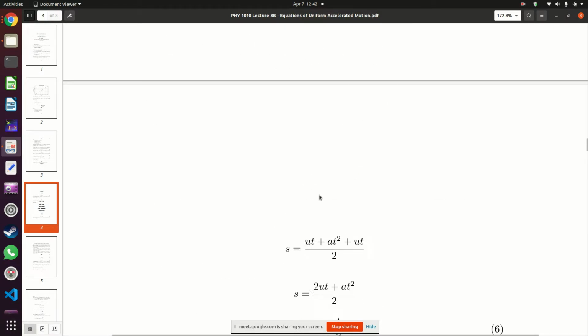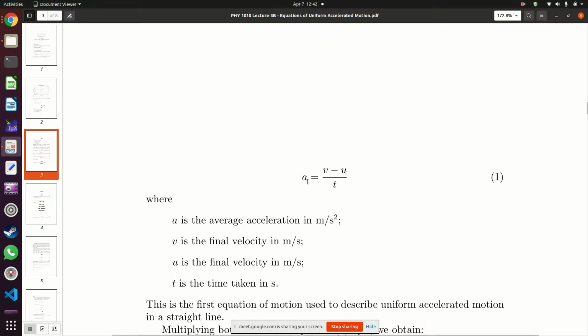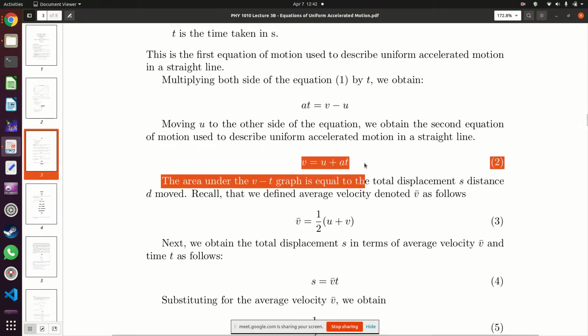So the equations we have come up with, there is this first one, a is equal to v minus u over t. That's for how we define what the acceleration is. From this equation, we came up with this, v is equal to u plus at.